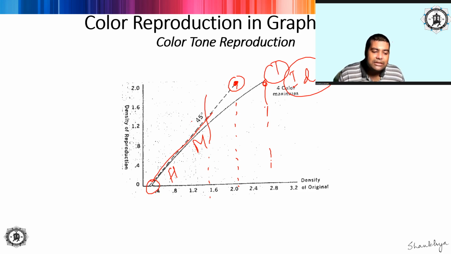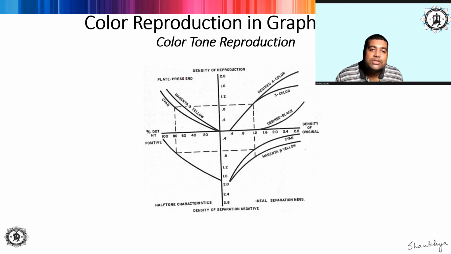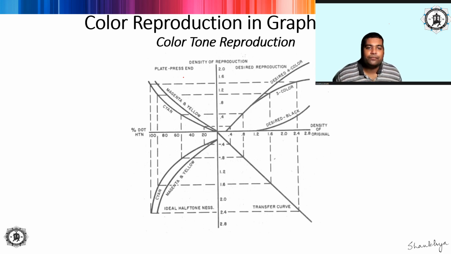So we will approach this problem from the backward end. Okay, so we know our output, right? From that output we will determine the necessary tone reproduction curves in the film as well as in the plate, which will give us this particular tone reproduction curve for our printed output. This is done with the help of a tool known as the Jones diagram.